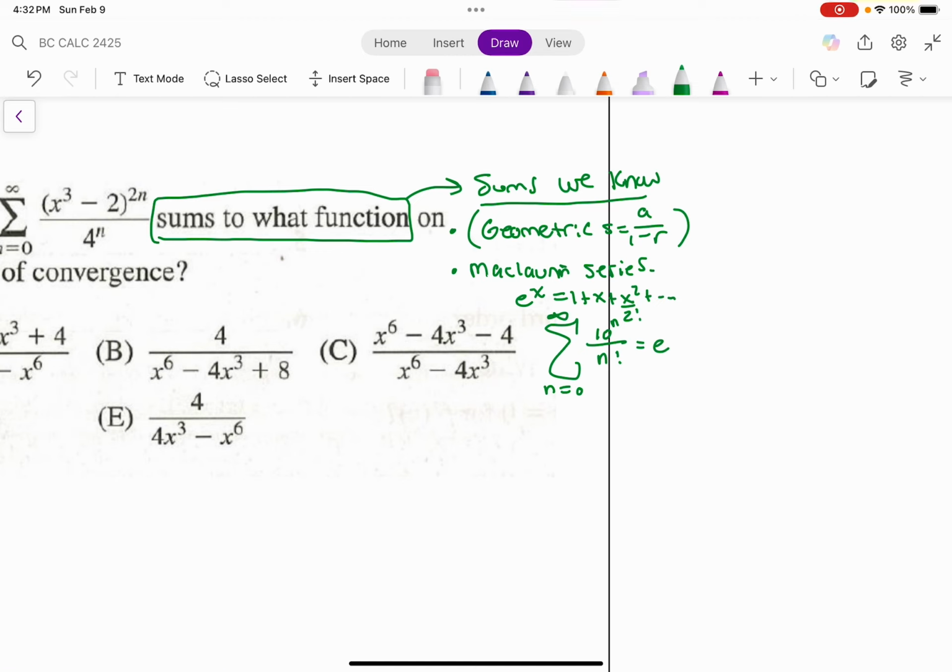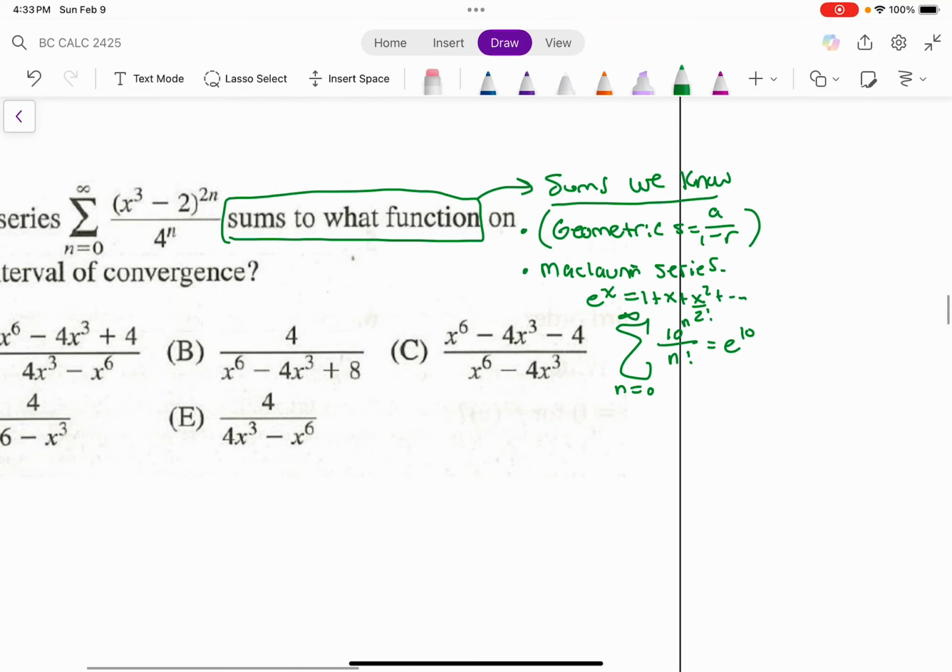That equals e to the 10, because if you write out those terms, you would get 1 plus 10 squared over 2 factorial, etc. In any case, the point is we must know something about this.